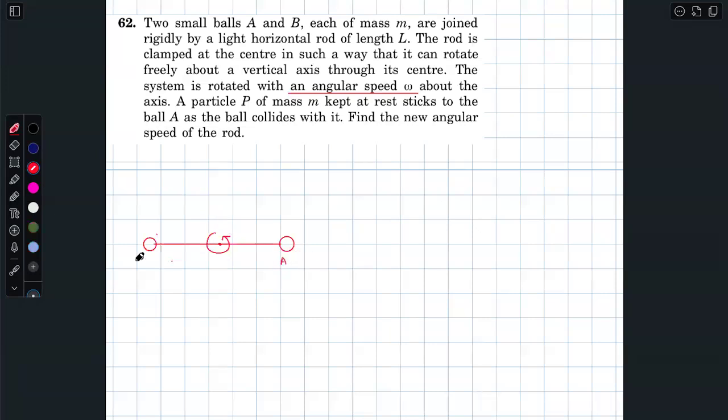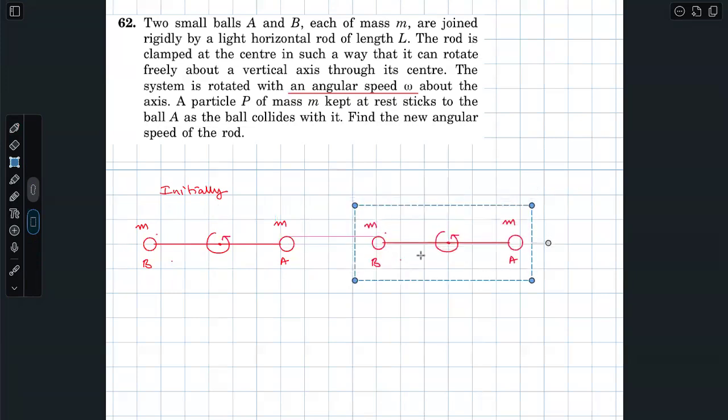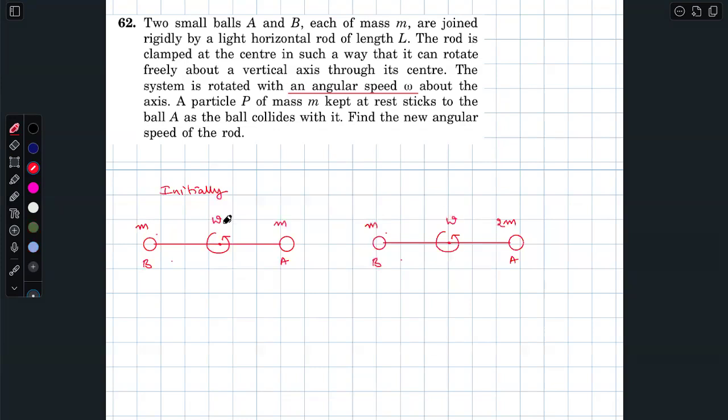Okay. A, B, M, M, initially omega 1, omega 2.